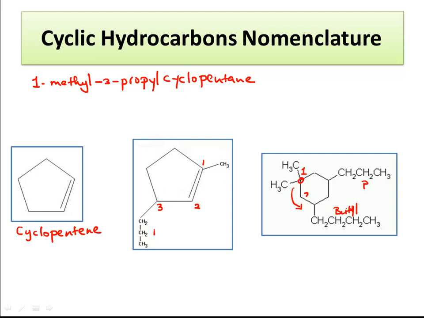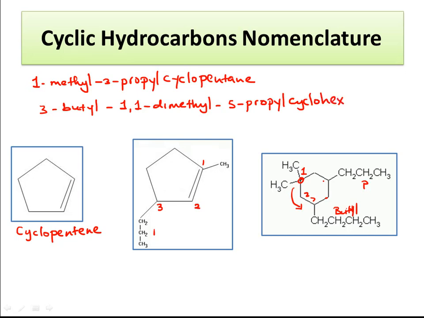So we start with this one, 1, 2, 3. So this one is going to be 3-butyl-1,1-dimethyl-4,5-propyl cyclohexane, because P comes after M. Sorry, this one is supposed to be ENE because our suffix has a double bond there, so it's 1-methyl-3-propylcyclopentene.